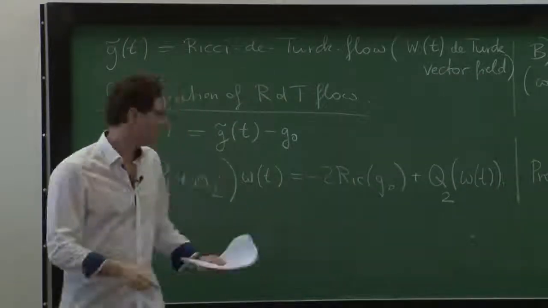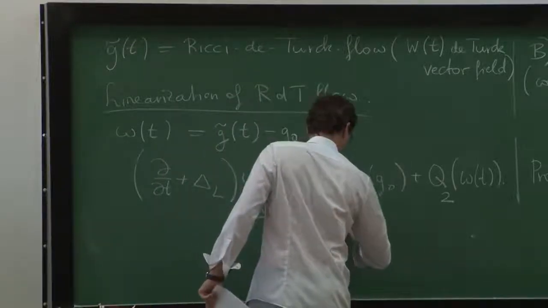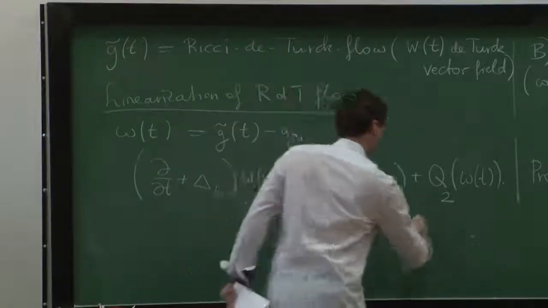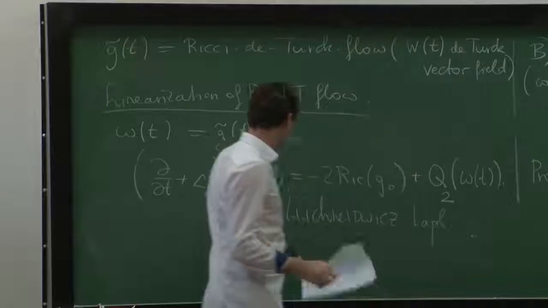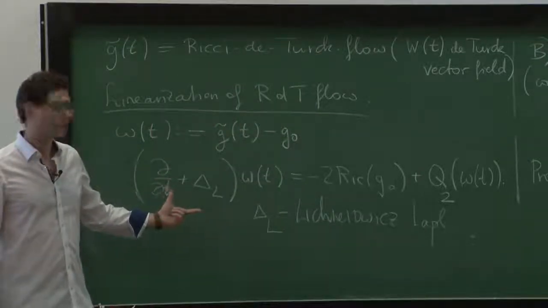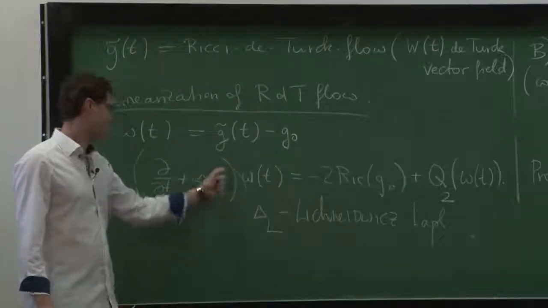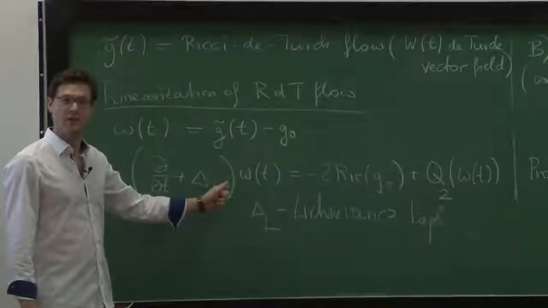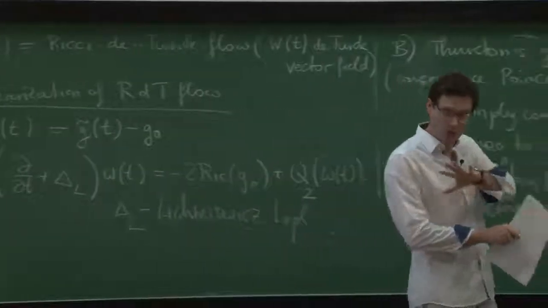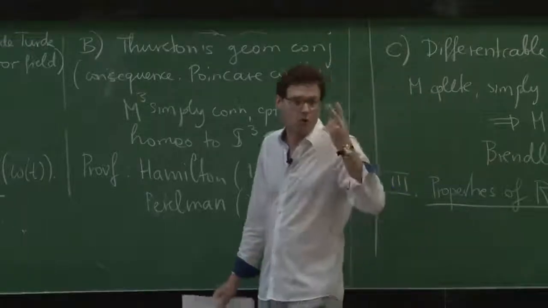And this equation, where this is the Lichnerowicz Laplacian on two tensors, looks very similar to the heat equation. Right? It's a nonlinear heat equation where here we have a nice elliptic operator, a very good operator, the Lichnerowicz Laplacian, which is basically the equivalent of the usual Laplacian, but now acting on metrics, on two tensors.